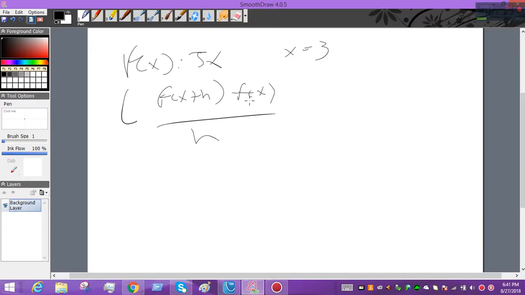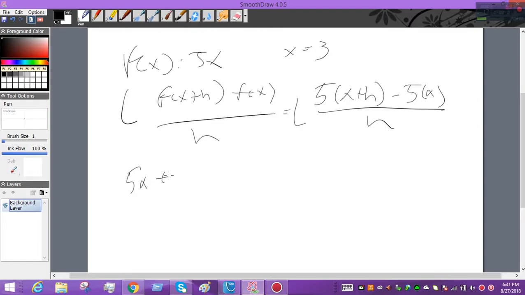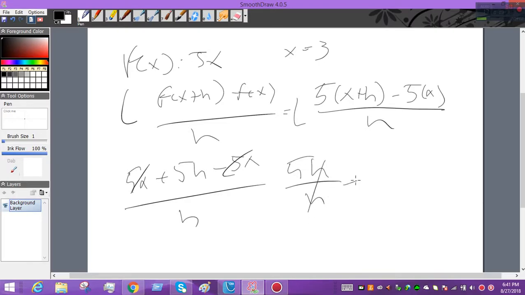We redefine this as L of 5 times x plus h minus 5x, all of that over h. Then we turn that into 5x plus 5h minus 5x, all over h. Those cancel out, and we get 5h over h, which cancels to equal 5.